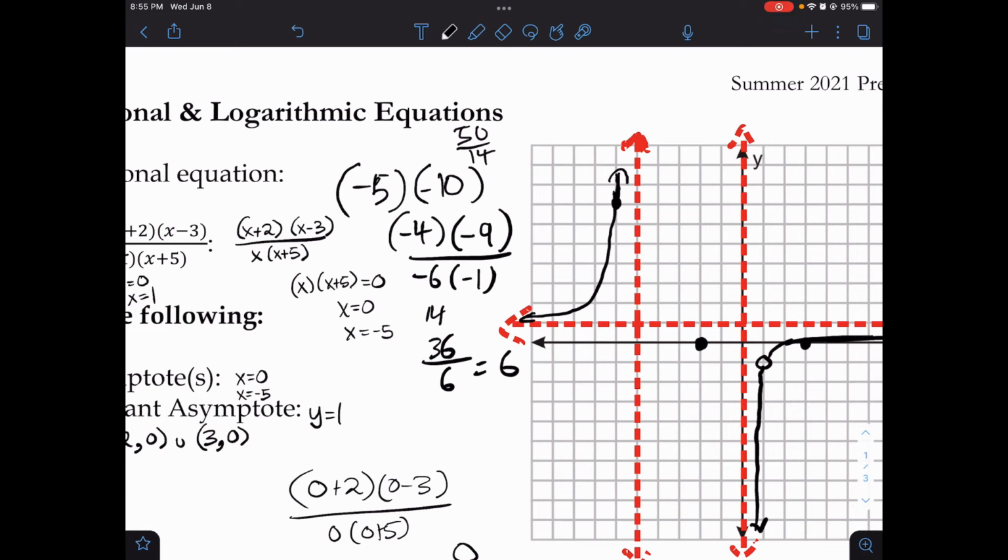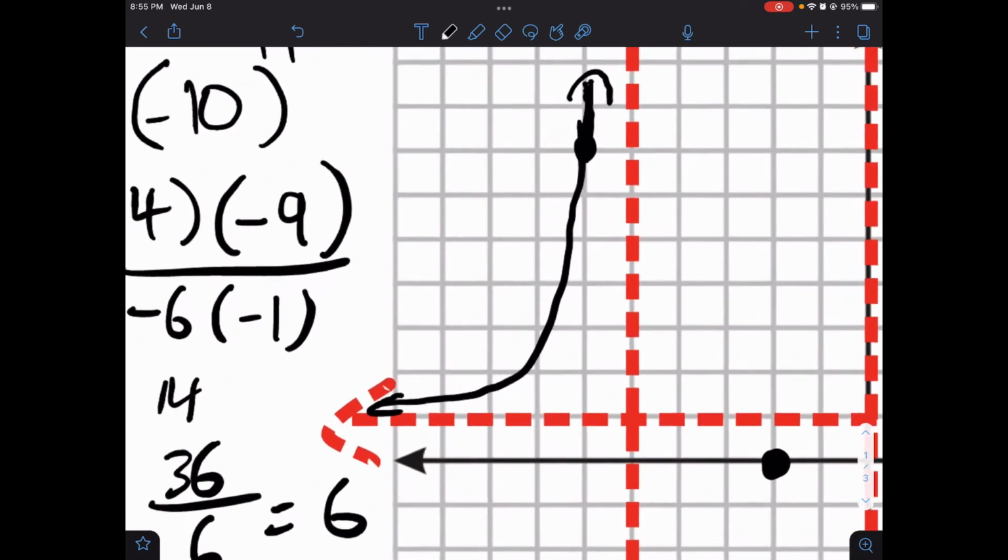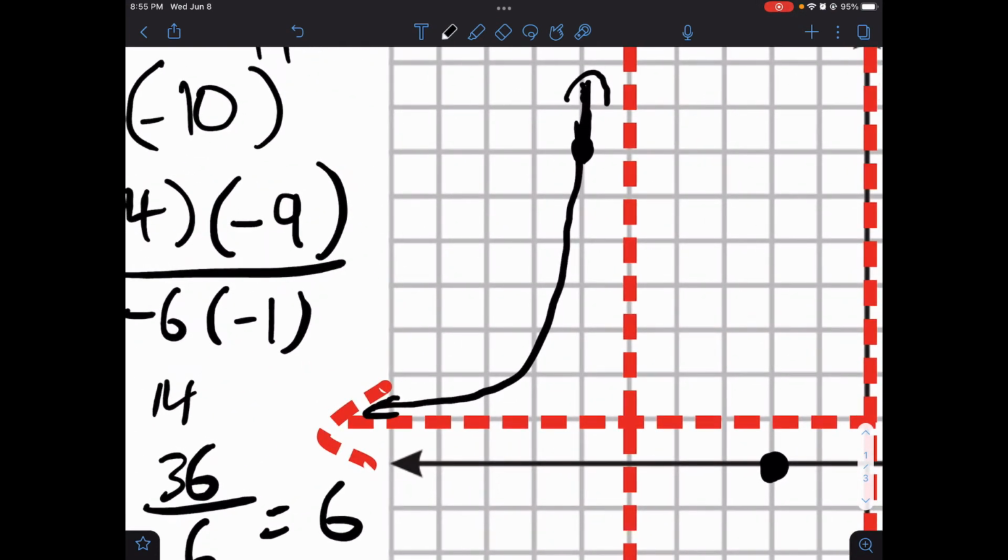So 50 divided by 14 is 3.57. So it goes up 3.57. 1, 2, 3, 3.57. So somewhere around there. So now we have a more accurate graph.